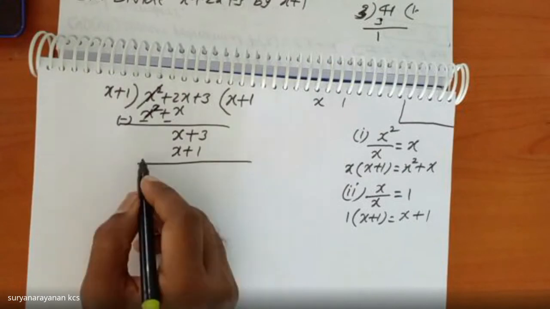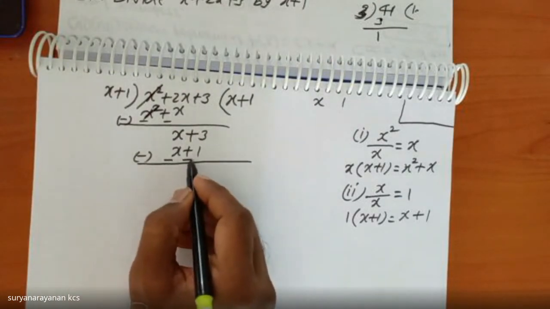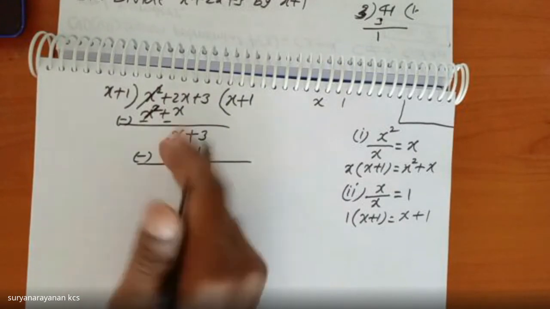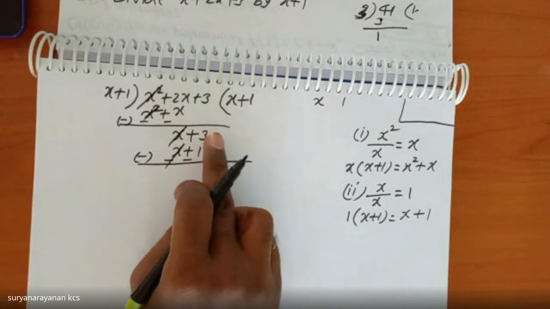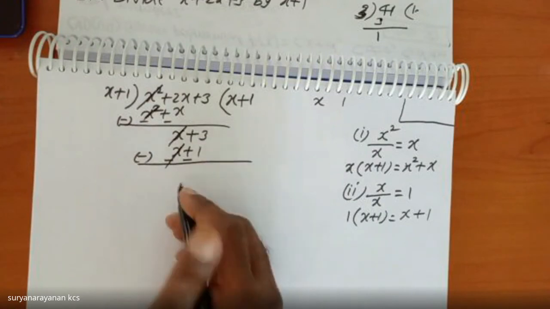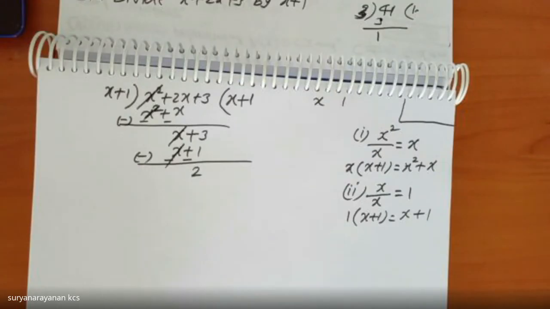Again, subtraction, so change the sign. What will you get here? x gets cancelled. 3 minus 1 is 2. Minus 2 or plus 2? Plus 2, sir.